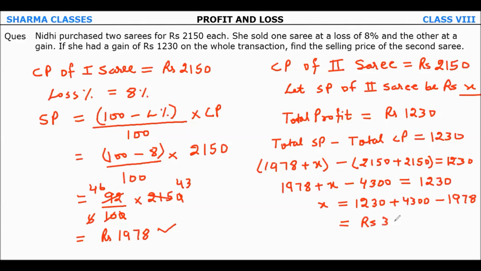Rupees 3552. So 3552 is the value of X, and we have assumed X as SP of second saree. Therefore, SP of second saree will be rupees 3552, which will be my answer.